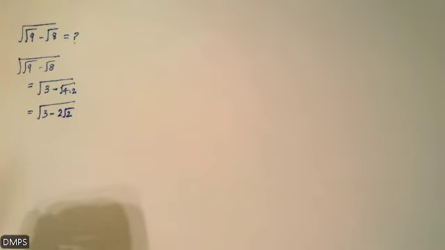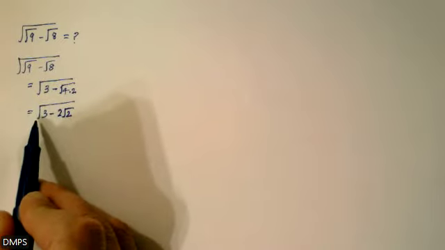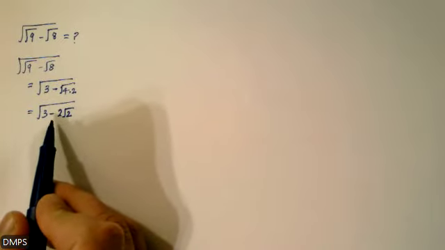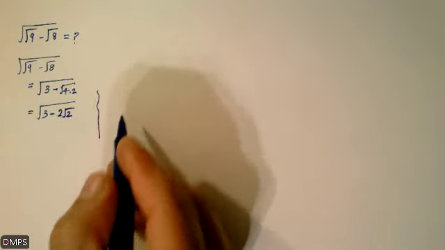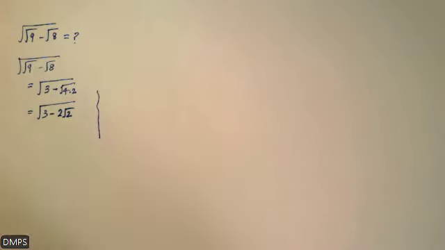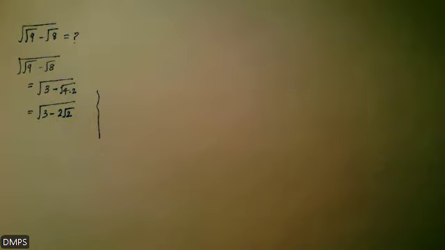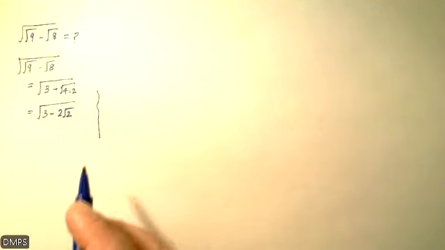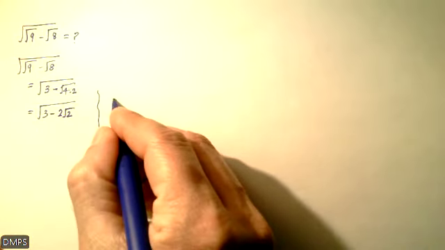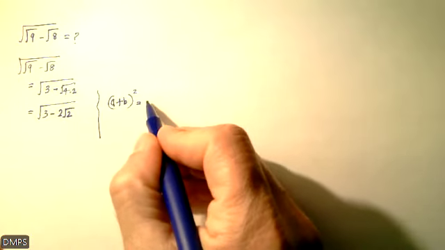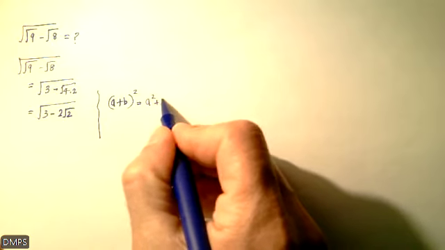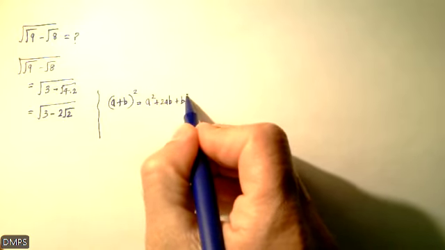Now, because we cannot use a calculator in finding this, we will use a little technique here. If you remember, we have this formula: a plus b squared is equal to a squared plus 2 times ab plus b squared.